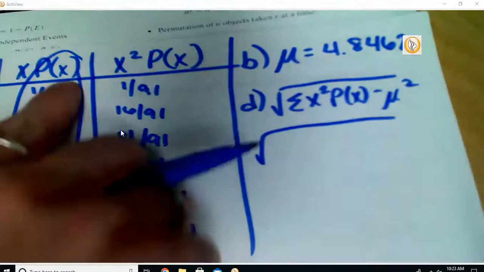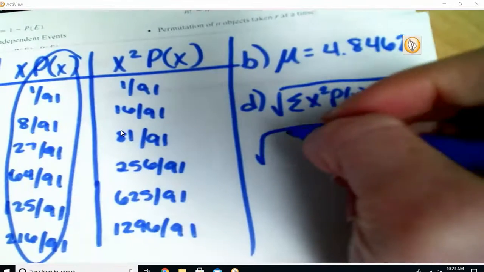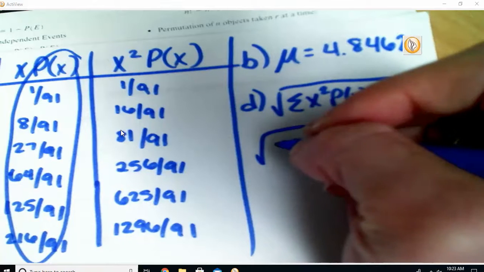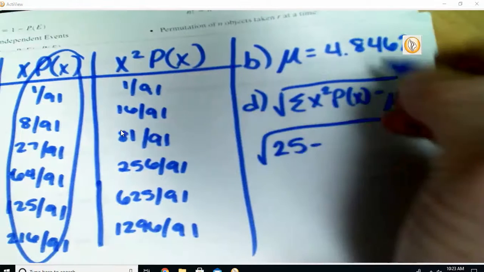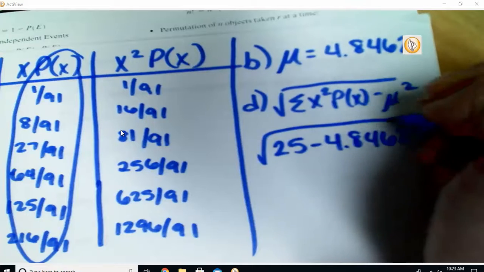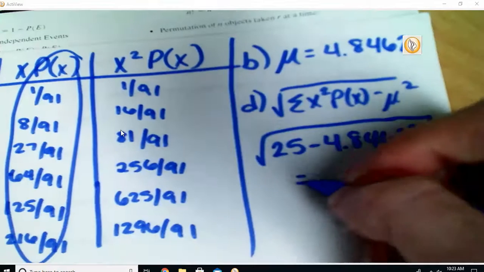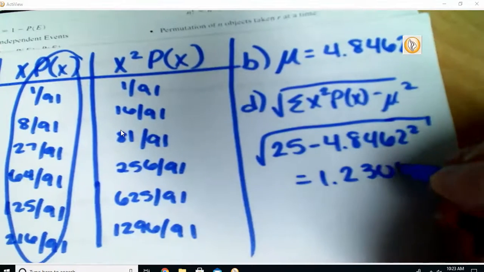So if you add up all of your x squared p of x's, what do you get? 25 minus the mean that we just got, squared. Guys, please show work on this because if you missed your mean, you automatically miss the others. But if I can see your work and double check it, I'll only take off for the mean. So just show me work whenever you can. And this comes out to be 1.2306.